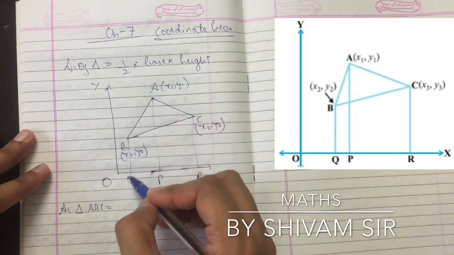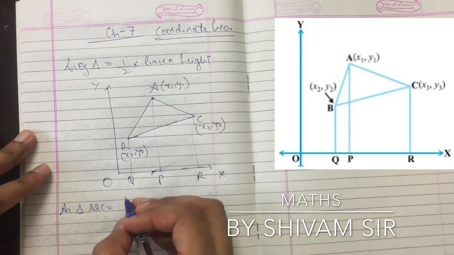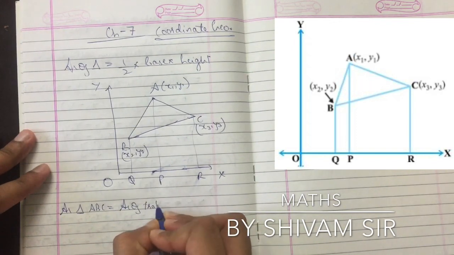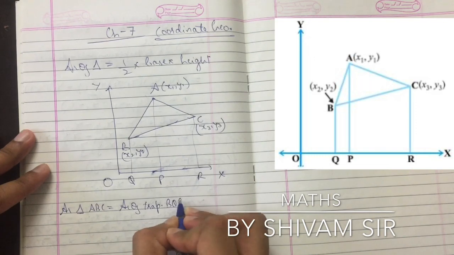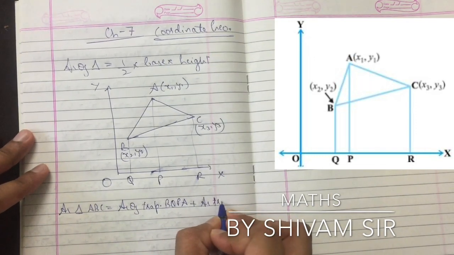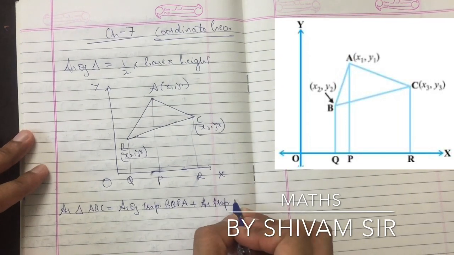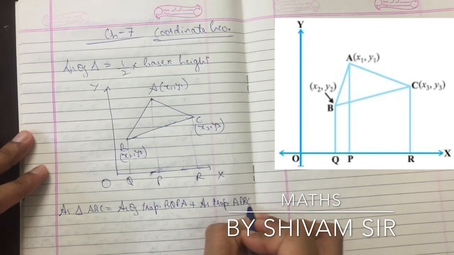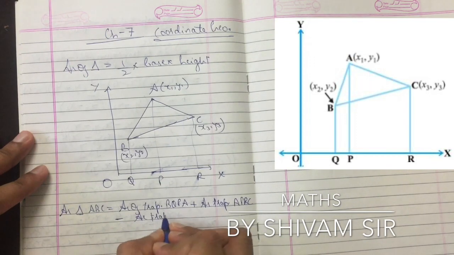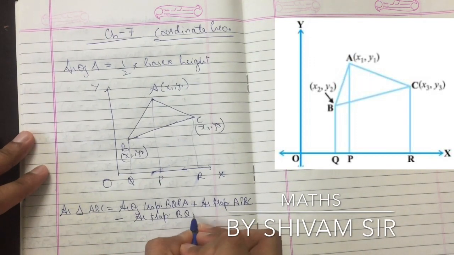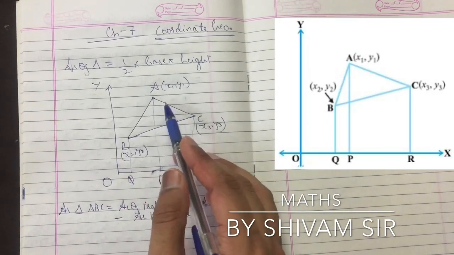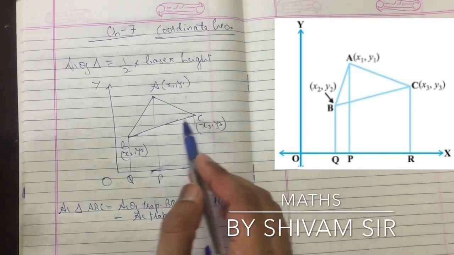Area of trapezium BQPA plus area of trapezium APRC minus area of trapezium BQRC. Area of this triangle will be this area plus this area minus this area.